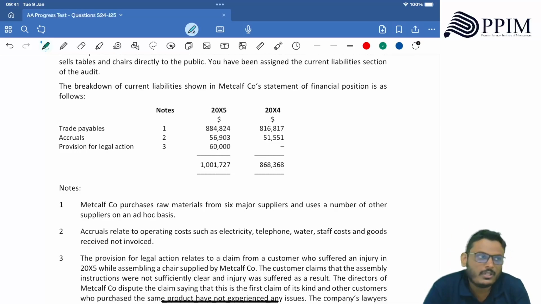Trade payable note number 1, and it said Metcalf company purchases raw materials from 6 major suppliers and uses a number of other suppliers ad hoc basis. So they are purchasing raw materials from 6 major suppliers. The major supplier, I can say registered supplier.